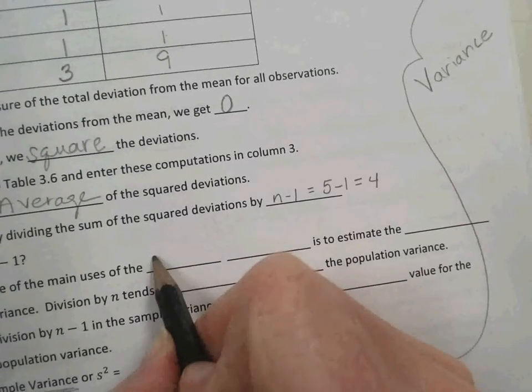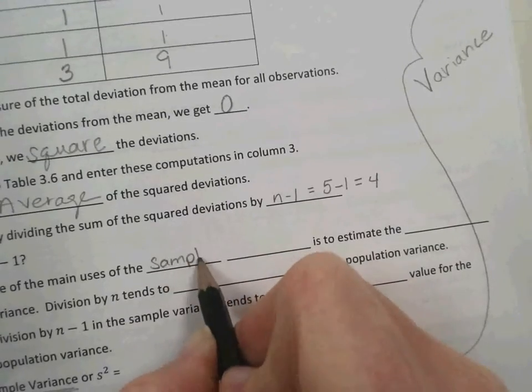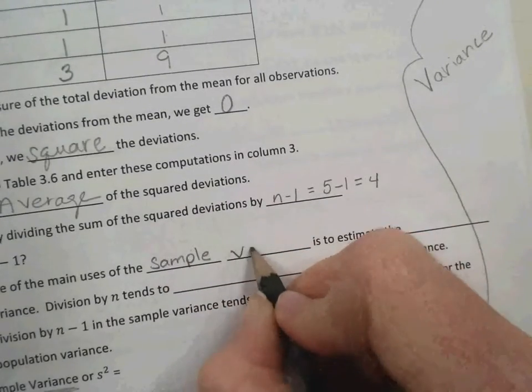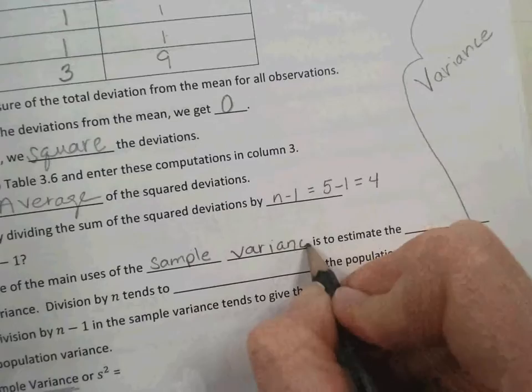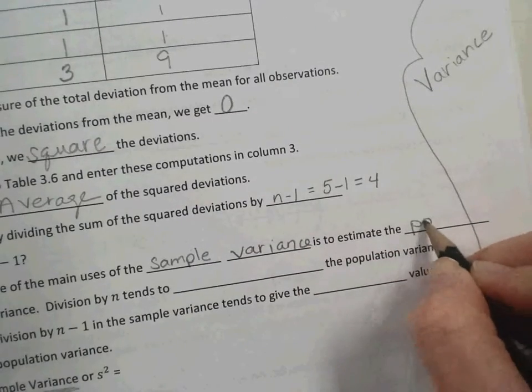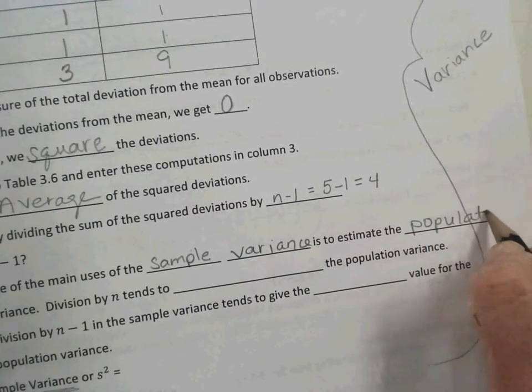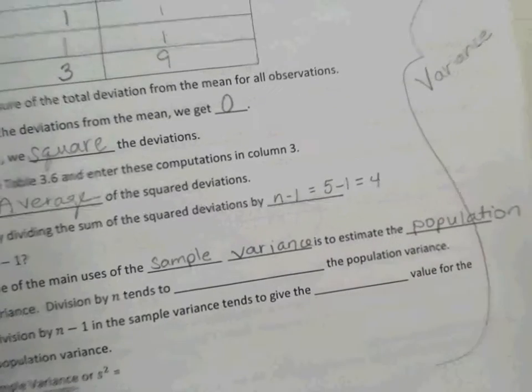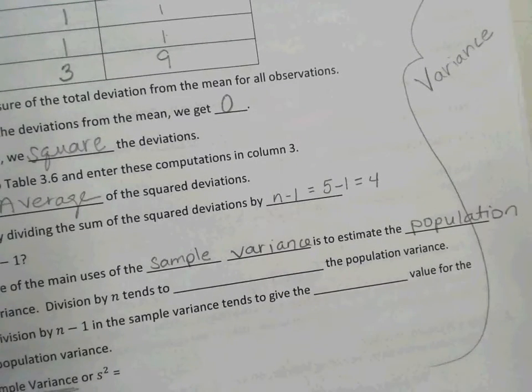One of the main uses of sample variance is to estimate the population variance. We call that inferential statistics, where we take a sample, find out some information about it, and project that information onto the population.